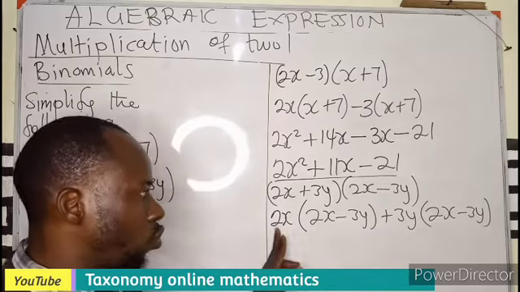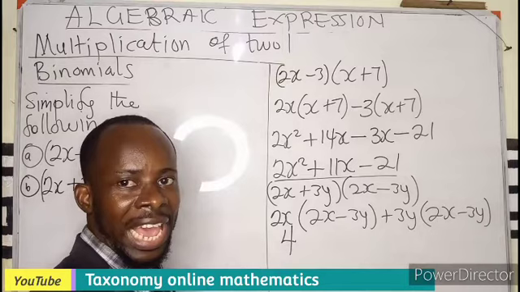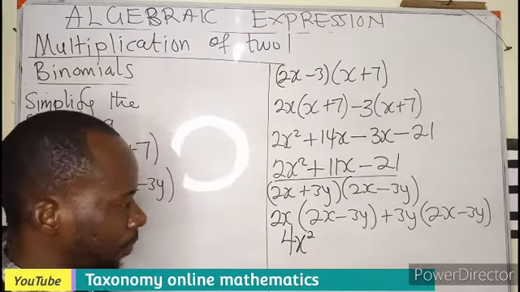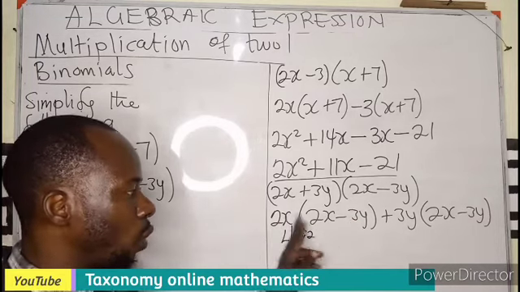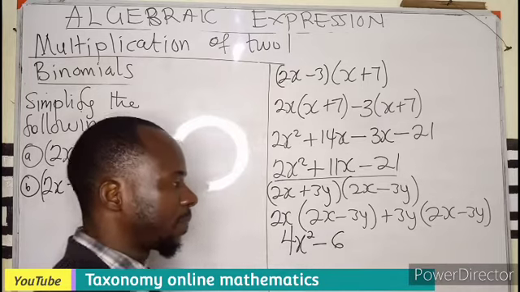Good. 2 times 2 will give us what? 4. X times x will increase to become x squared. Then 3 times 2 will give us 6. So this is minus. So minus 6.